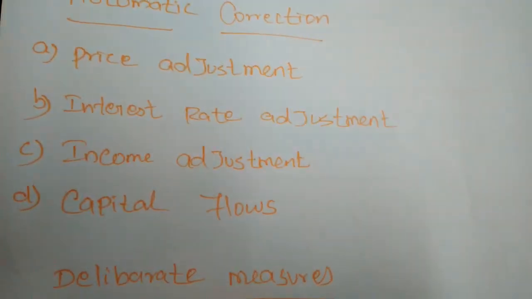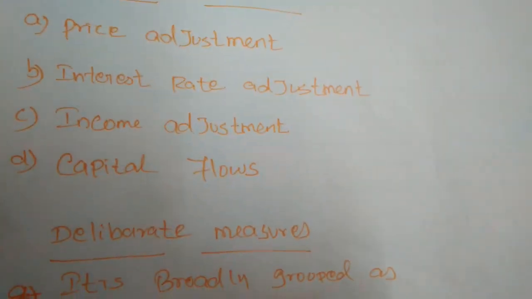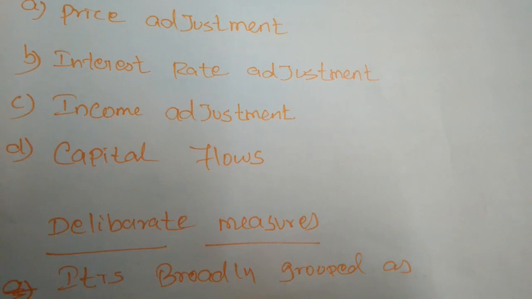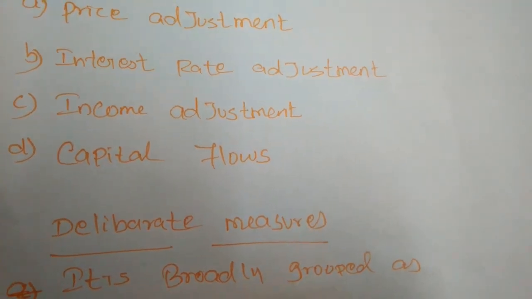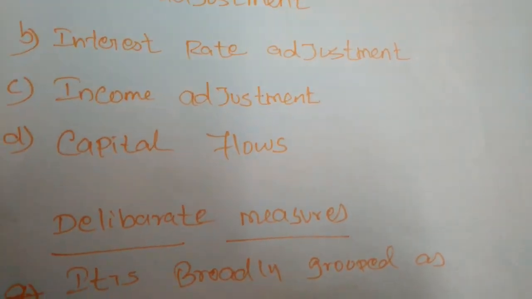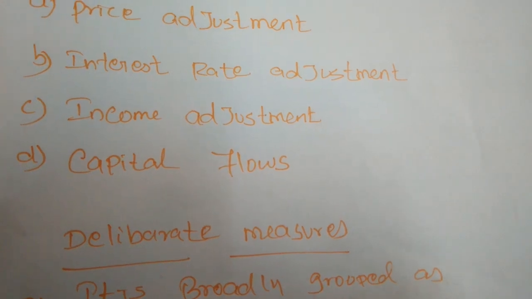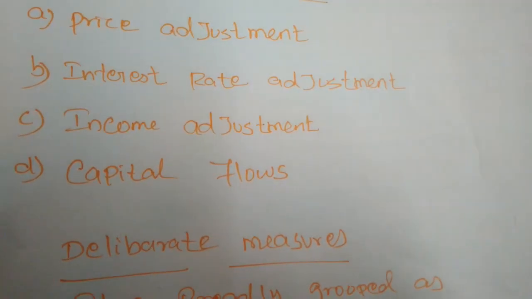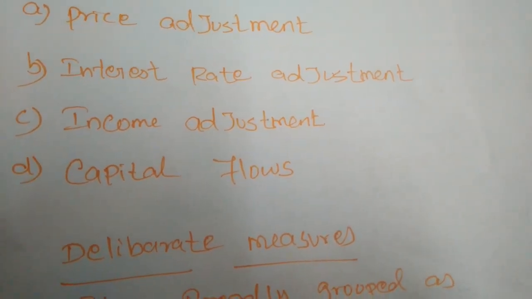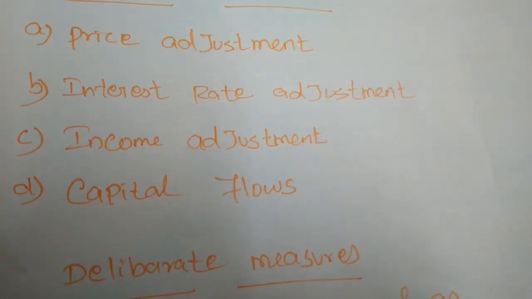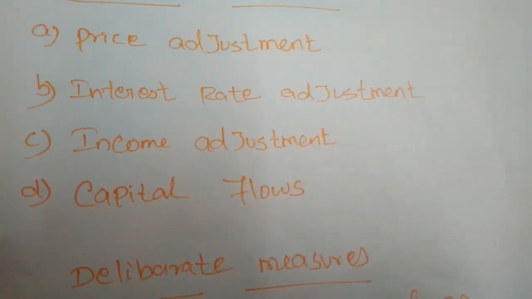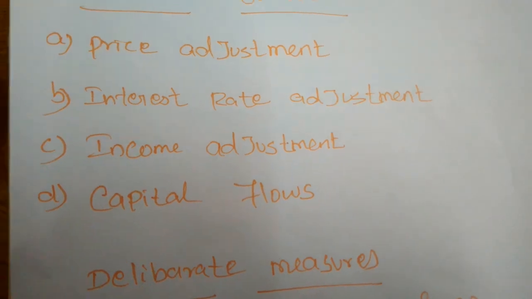So if demand in the domestic country is reduced, they will export the same commodities to other nations. Normally on the basis of income, the purchasing power and the consumption level increase. But if the deficit nations are reducing the income, the people will not want more consumption. Because of that, we can easily send our commodities to other nations as exports.